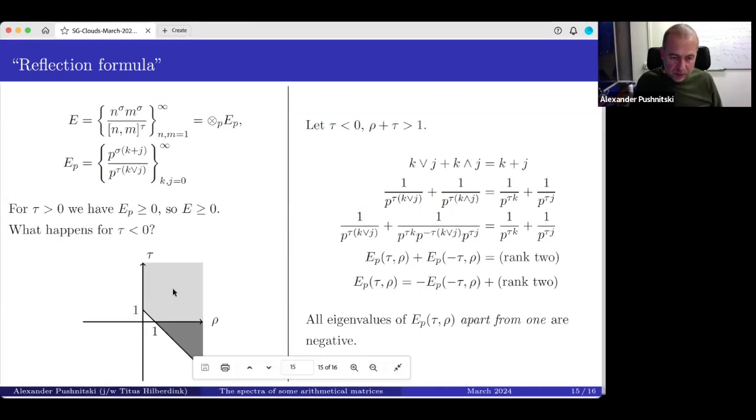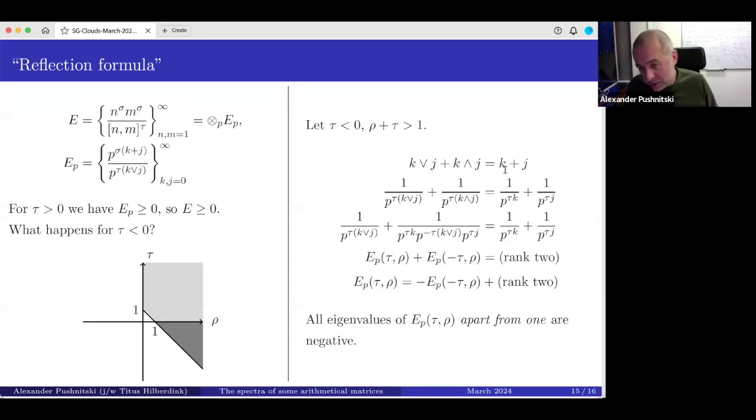When we go from this region to this dark triangle, what happens there? This is the condition describing this dark triangle. Let's take notice of the following elementary formula. If you have two integers, then if you add the maximum of these two integers and the minimum of these two integers, you get the sum of these two integers.